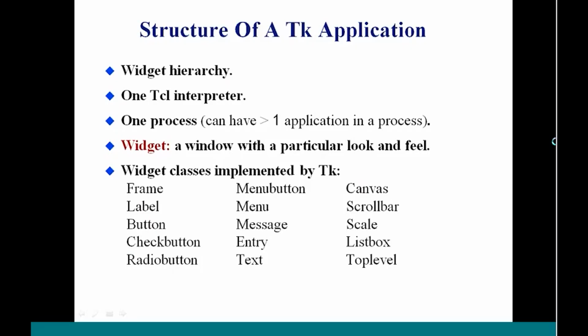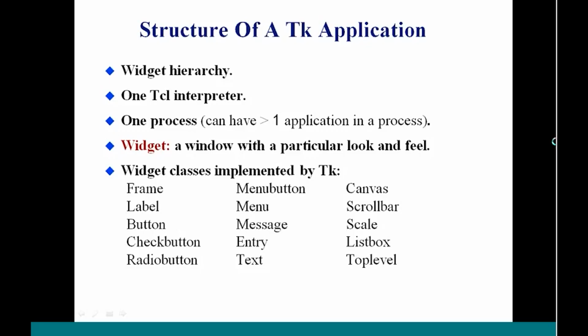So what is a widget? A widget is nothing but a window with a particular look and feel, and it is generated by Tk. A widget is again a class by itself, and the classes are implemented by Tk. The particular classes implemented with Tk are frame.